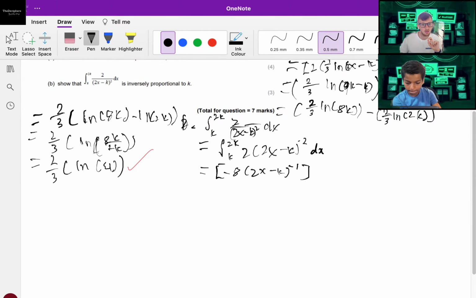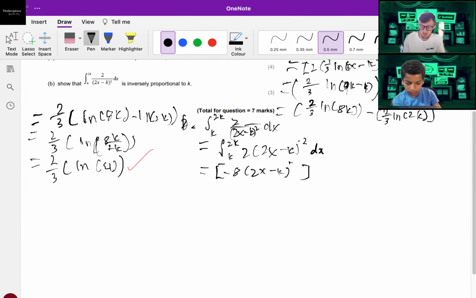Well, you're really close, but think about you're integrating. So I think you've times by the power and by the derivative of 2x minus k and dropped the power. But if you're integrating, you're right to increase the power by 1 so that it should be negative 1.